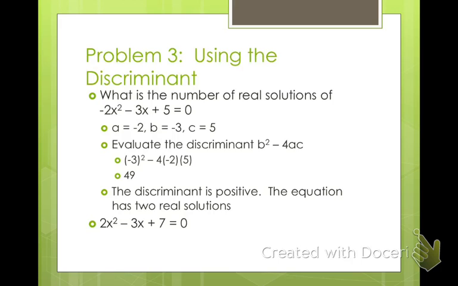So what about this one? Let's try this one. So my b is negative 3 squared, minus 4 times 2 times 7. Well, negative 3 squared is 9, and 4 times 2 is 8, and 8 times 7 is 56.